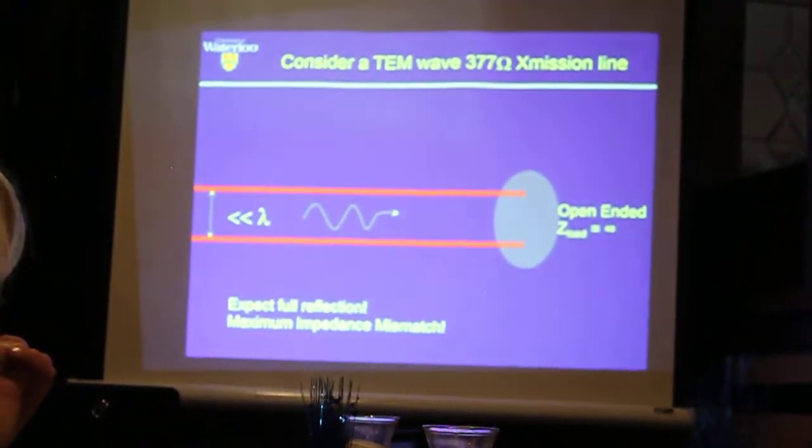If we look at the transmission line, I'm giving a different perspective here. The separation between the two lines is very small, so the theory that they taught us in books is based on that. But that theory also says that at the very end, I have an open-ended transmission line. The load is infinite. So now I'm going to talk about the perspective of the load.